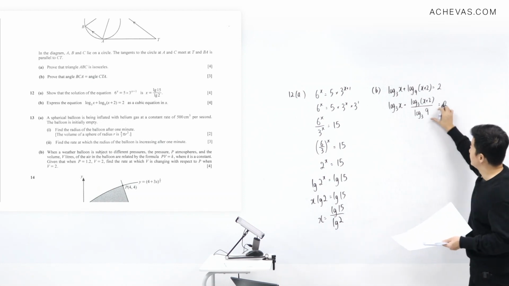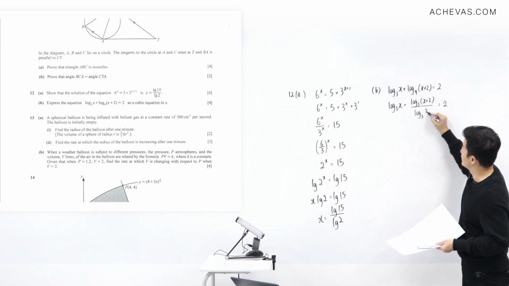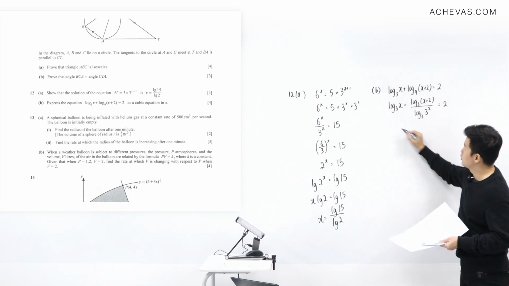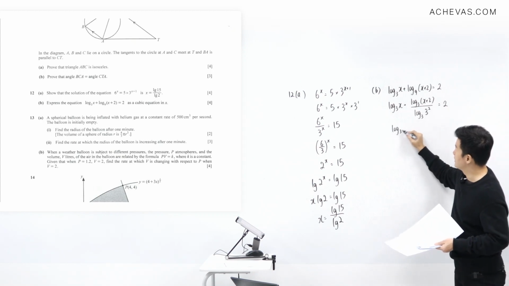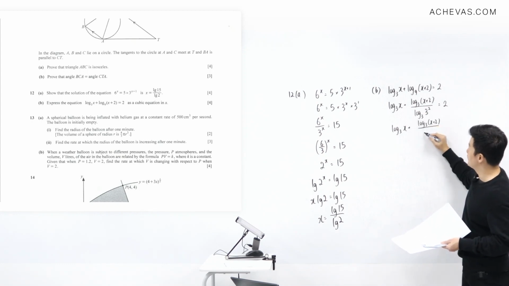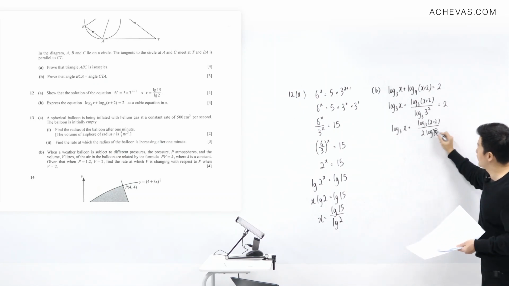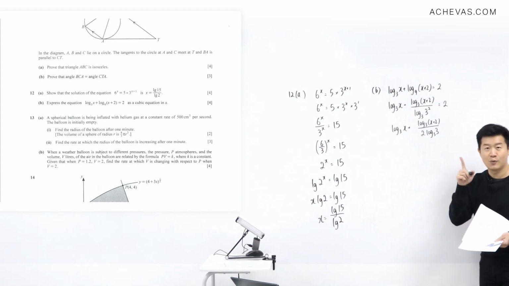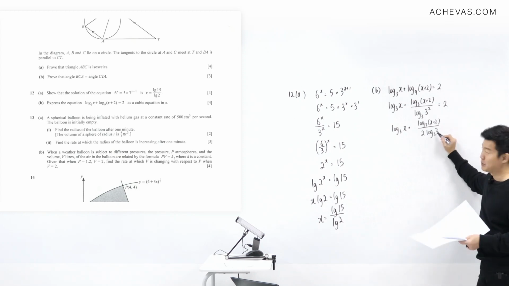And what is 9? 9 is 3 squared. So I can rewrite this further, log to the base 3 of x plus this is log to the base 3 of x plus 2 divided by 2 log to the base 3 of 3. And what is log to the base 3 of 3? 1. So this will sort of disappear.